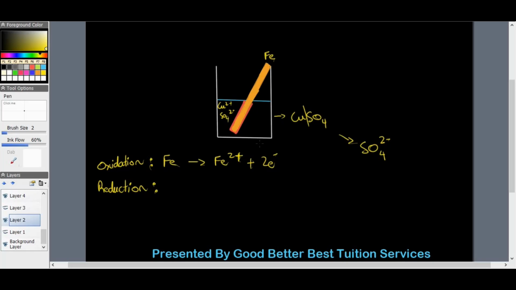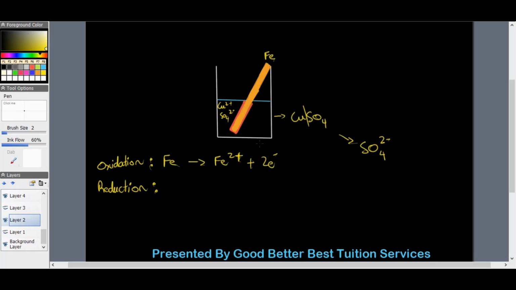Before we jump into what's happening in the copper sulfate: when a piece of copper metal is placed in an iron sulfate solution, no change is observed even after a long period of time. But if you put iron in a copper sulfate solution, we definitely see a change.